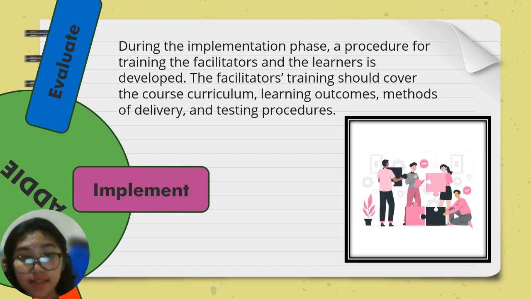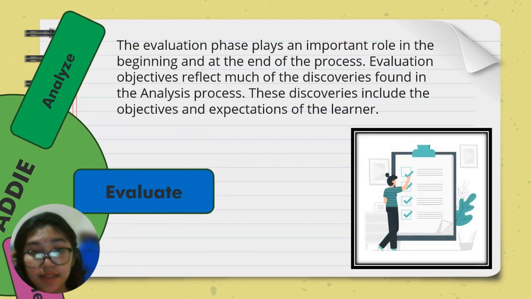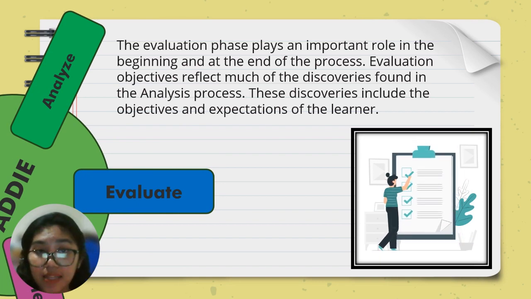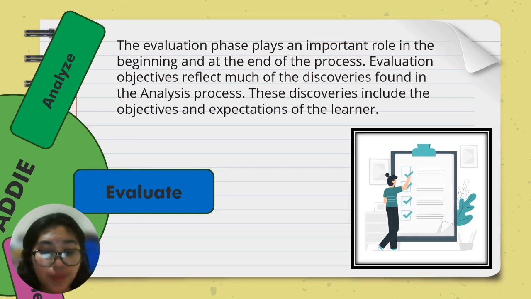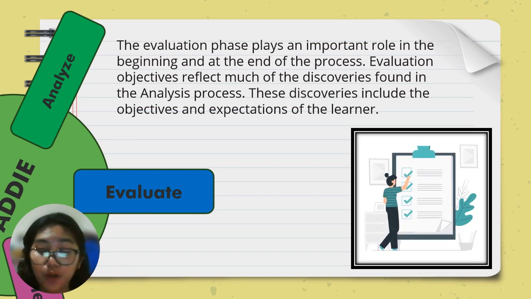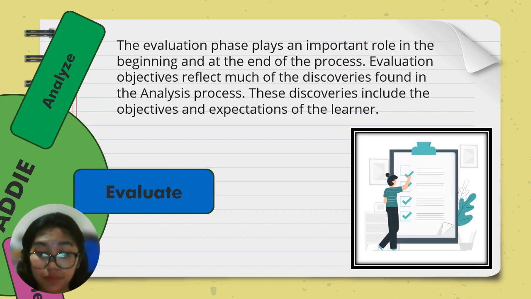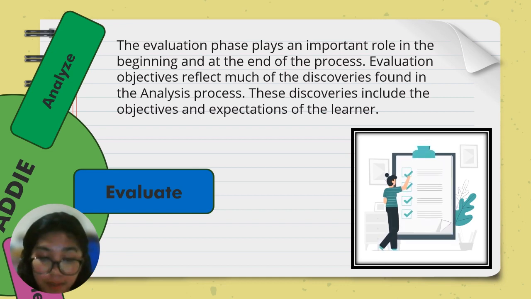The last but not the least phase is the evaluation phase. In the evaluation phase, there are two major parts, the formative and the summative. The formative evaluation is the first stage and it will be present at each stage of the ADDIE process.